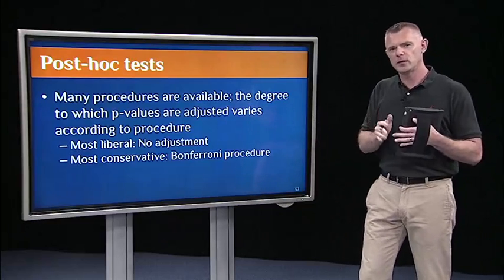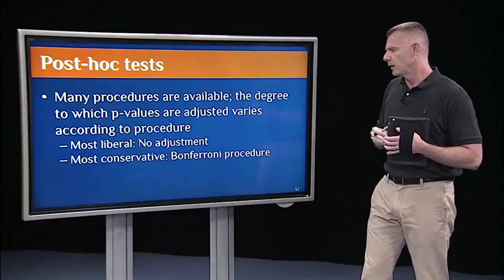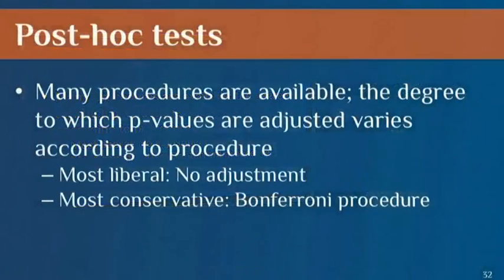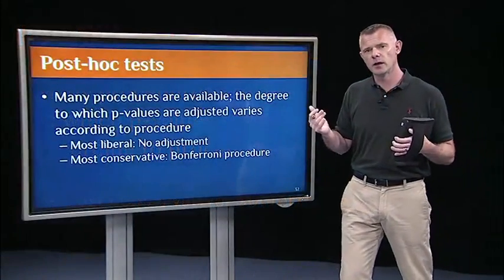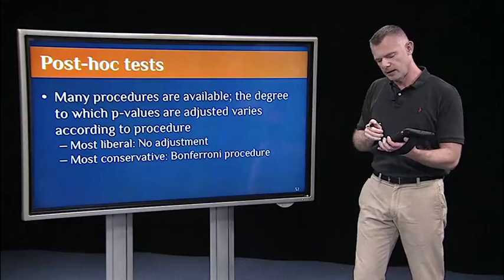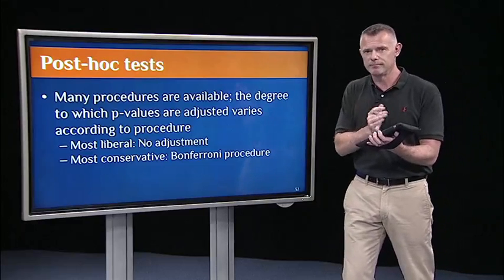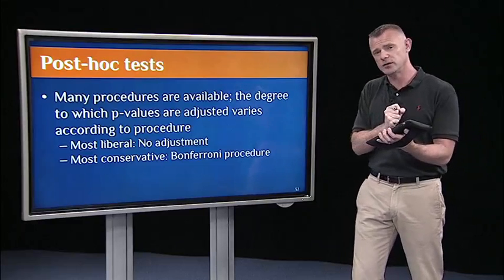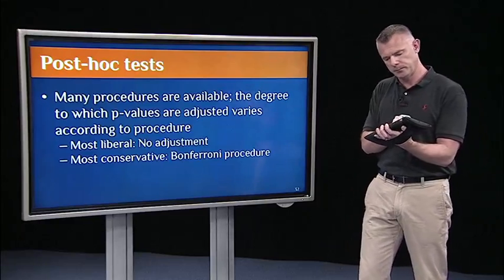I'll talk about a few and how they differ and why. Again, the most liberal would be to do no adjustment, which is inappropriate. The most conservative is Bonferroni's procedure, which is a relatively well-known procedure, though maybe not as often used as Tukey's because it's so conservative.